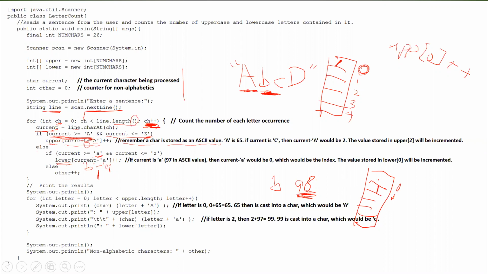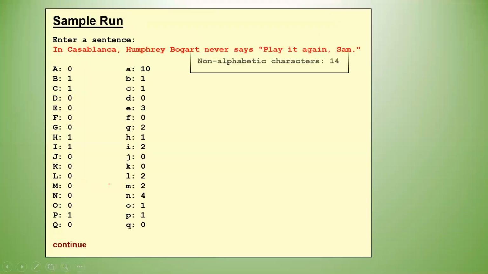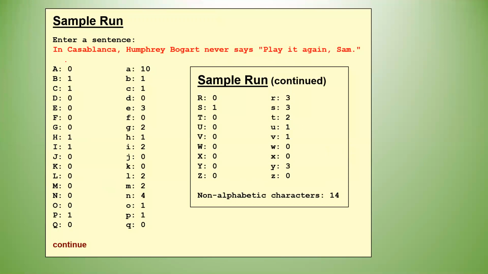Okay, that's how this works. And if it's not within these ranges, that means it's not an alphabetical character, you go to other plus plus. And that's why you see this is how it's printed out when you do this. This will go to I, you add 1 to it. If it's an A, you will add 1 to it. So you accumulate the count of the letters.